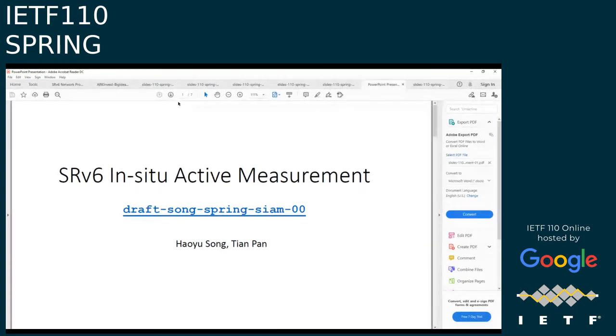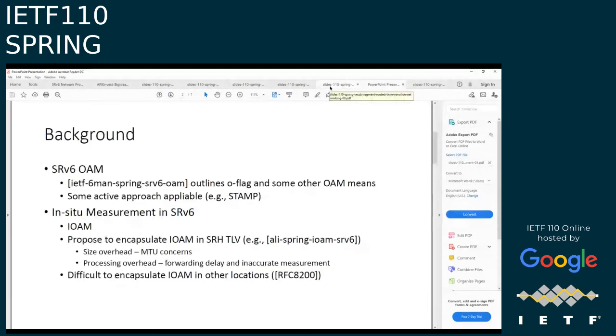Yes, okay. I'm going to talk about a method to support in situ measurement in SRv6. Next slide, please. A little bit of background. First, we have several working group documents about SRv6 OAM. For example, the first one, SRv6 OAM, outlines using the O flag and supporting some other OAM means.